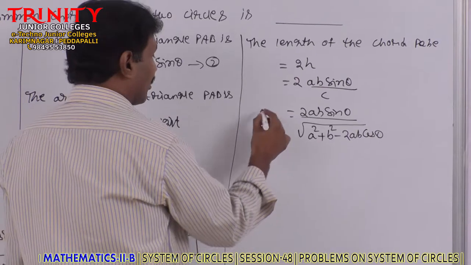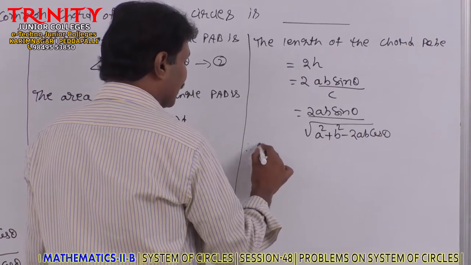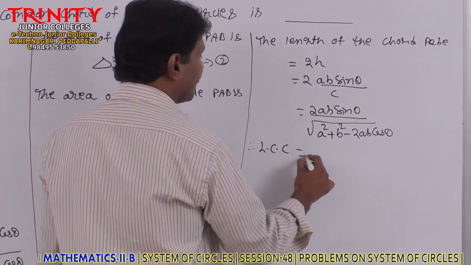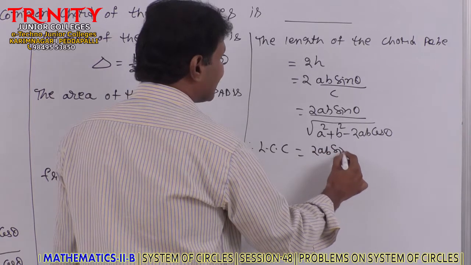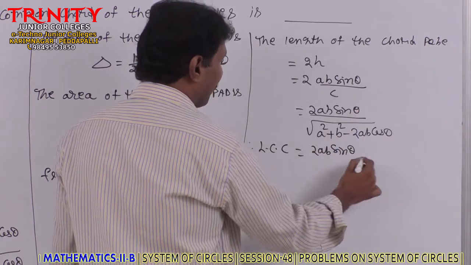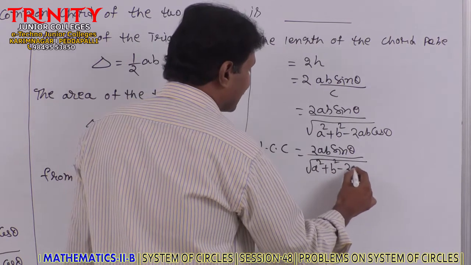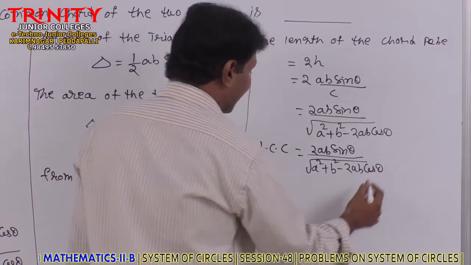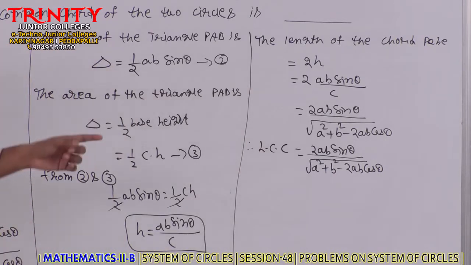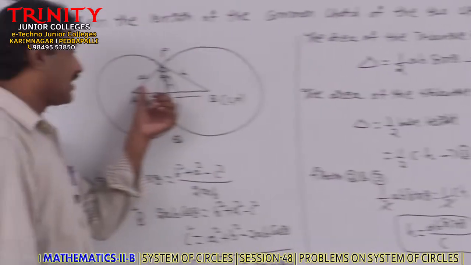Therefore, the length of the common chord is 2AB sin theta by the root of A square plus B square minus 2AB cos theta, where theta is the angle between the radii.